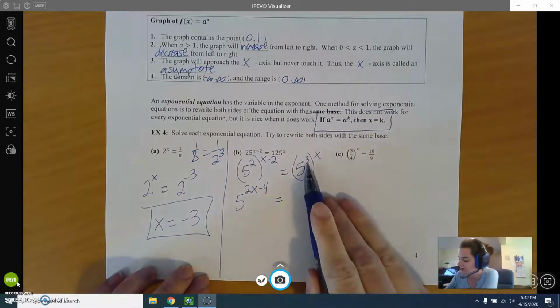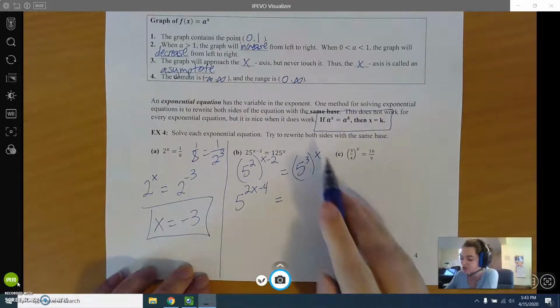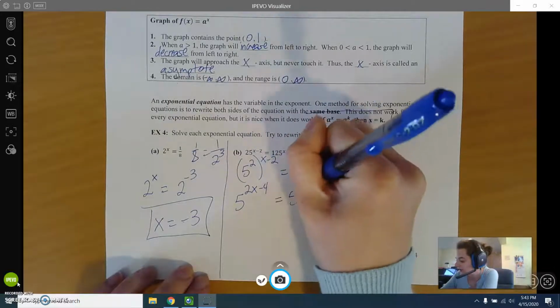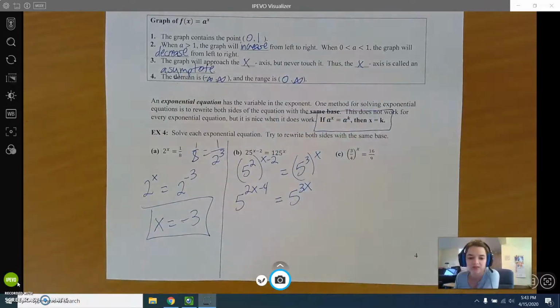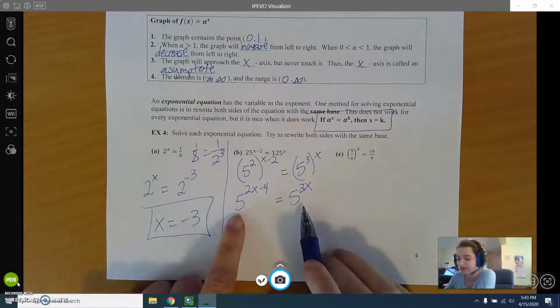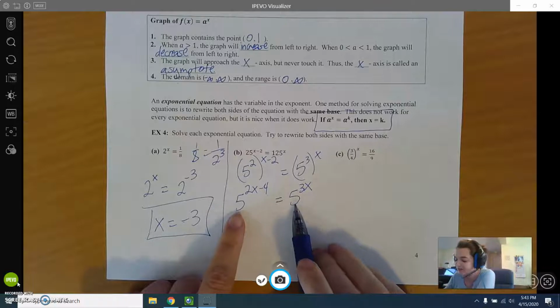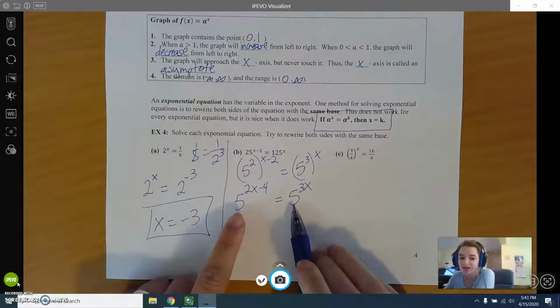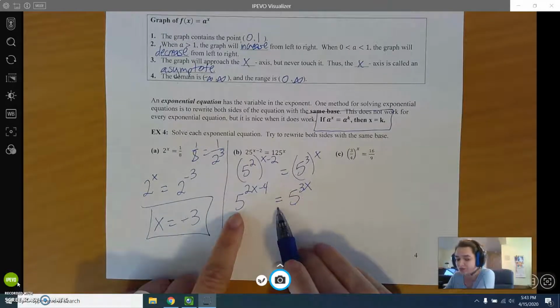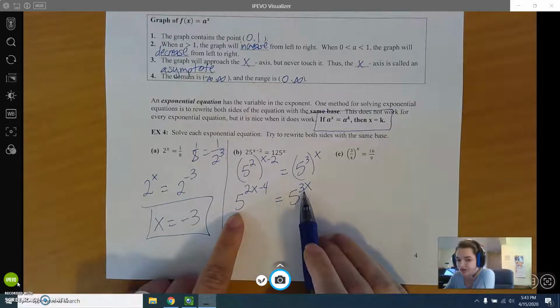On the right side, I'm going to have 3 times x, which would be 3x. So 5 to the 3x. Okay, now I've got it in the format where we have two exponentials equal to each other, and they have the same base. And if they have the same base and they're equal to each other, the only way that's going to happen is if their exponents are equal.